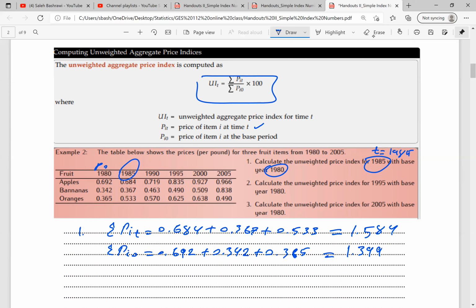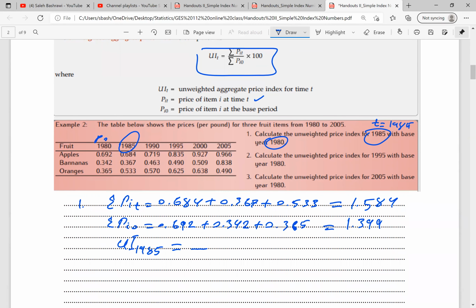So the unweighted UI at 1985 is equal to sigma P_it divided by sigma P_i0 multiplied by 100, which is equal to 1.584 divided by 1.399 multiplied by 100. 1.584 divided by 1.399 is equal to 1.13.